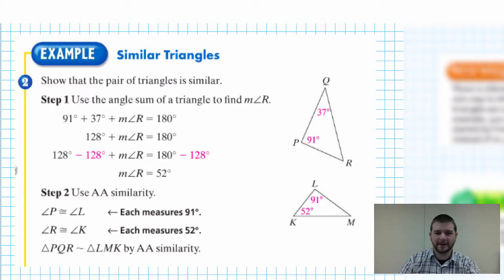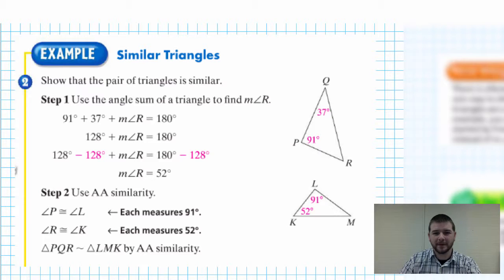So thinking intuitively, what we need to do is to determine whether or not angle R measures 52 degrees, or whether or not angle M measures 37 degrees.